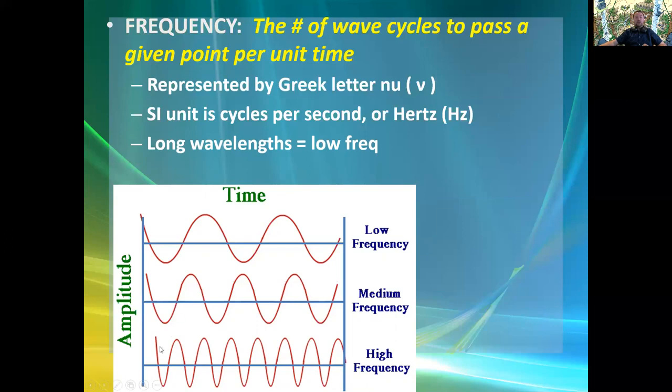If you look here, let's assume that this is how many waves occurred in 1 second versus the number of waves that happened up here in 1 second. So from here to here is the span of 1 second. From here to here is the span of 1 second. Well, which one has more waves, the top one or the bottom? The bottom one has more waves occurring in that 1 second.